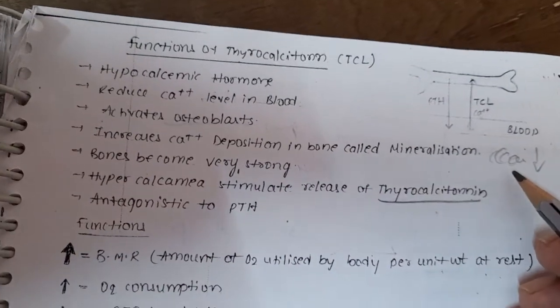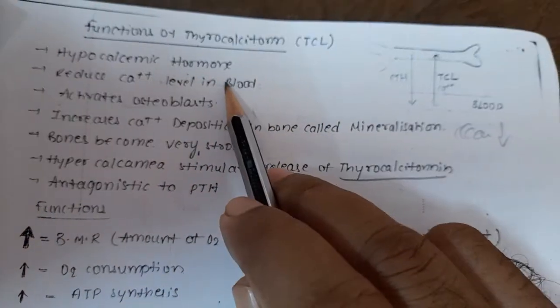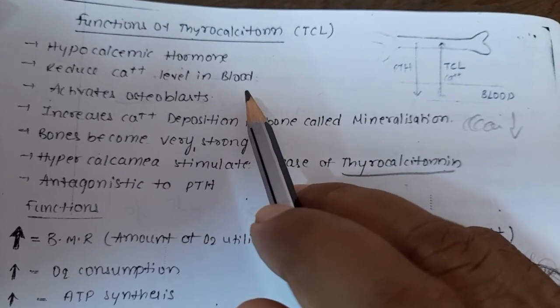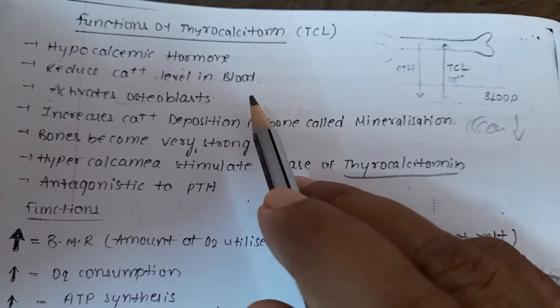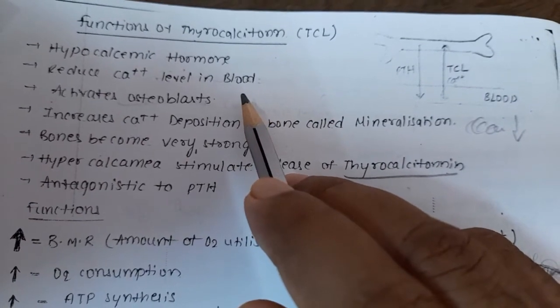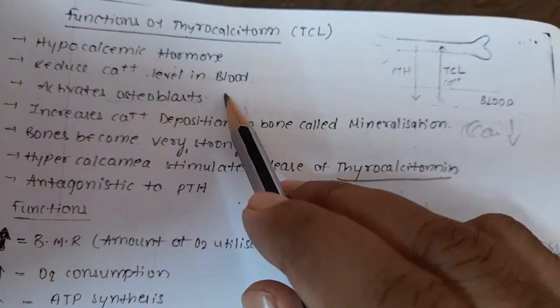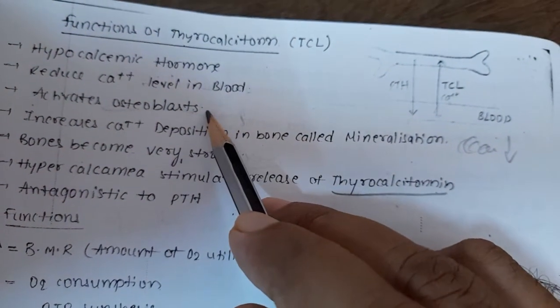That's why it is called a hypocalcemic hormone. It reduces calcium levels in the blood. It activates osteoblasts. You learned that in the bone there are osteocytes, osteoblasts, and osteoclasts. Osteoclasts are the phagocytic cells, osteocytes are the bone cells, and osteoblasts are the very active, immature cells.